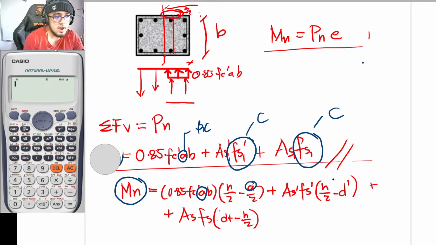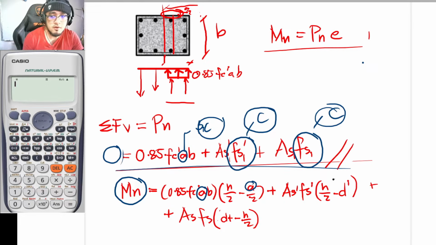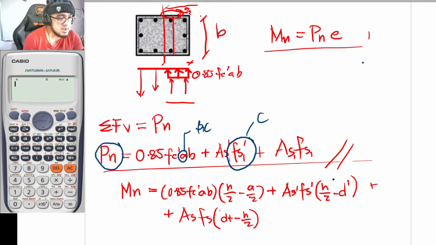We did not have an axial load, so before, this is basically equal to 0. If that is equal to 0, you can actually solve for the value of your c in this equation already. That is before. But right now, that isn't the case because we now have a value for our Pn here. What is to be our approach in solving for the values of your Pn and for your Mn?